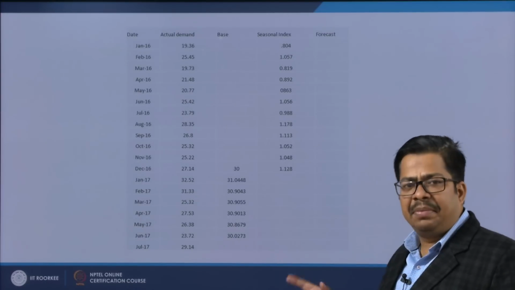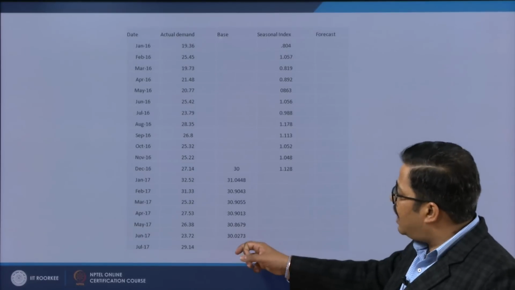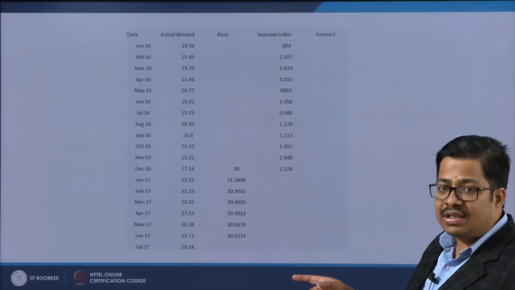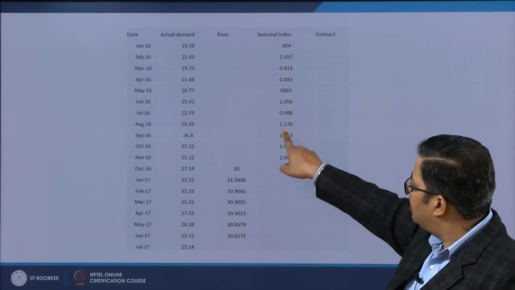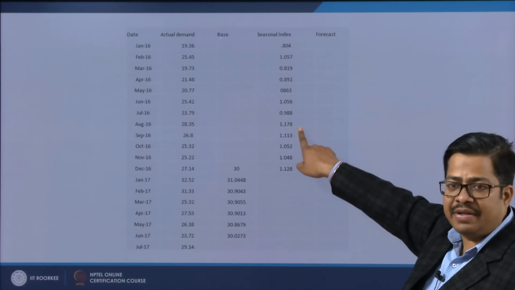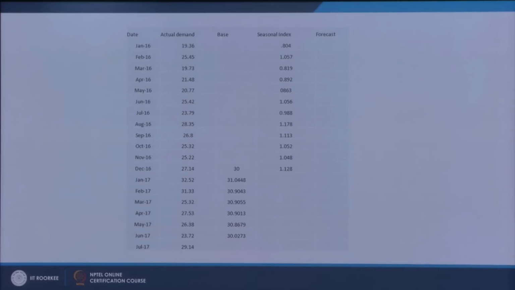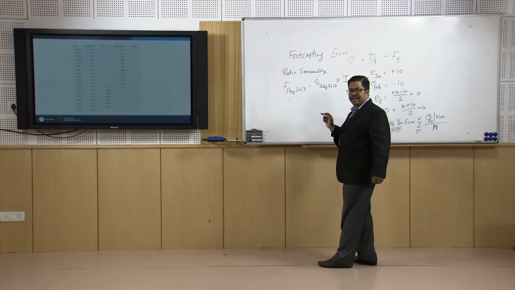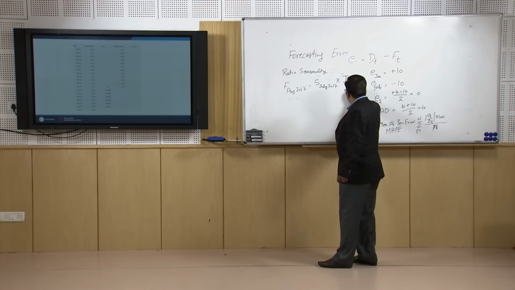So, I will multiply this deseasonalized forecast with the seasonal factor of August 2016. That is 1.178. So, I will multiply this by the seasonal index of August 2016.